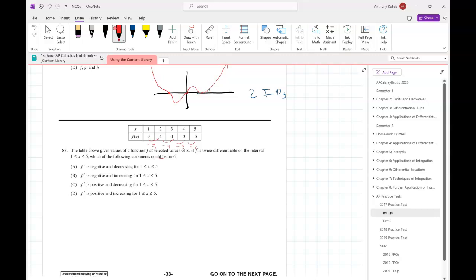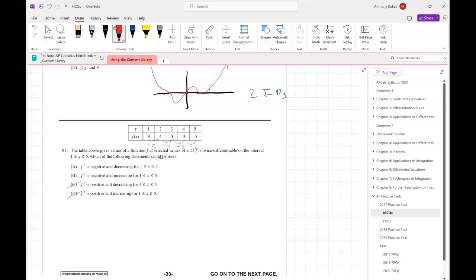So I know that the first derivative could be negative, correct? It can't be positive, though, because the slope from 1 to 2 is negative. So at some point, even if there was a positive part in there, it would have to go negative again. It can't be positive the whole time, right? Now I need to decide if we are going to be increasing or decreasing there.